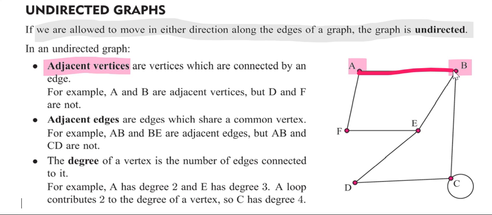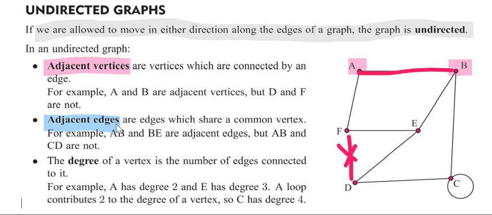But D and F are not adjacent vertices because we can see that there is no connection, no line, or rather no edge in between them. Next comes adjacent edges. When I talk about adjacent edges, they are the edges that share common vertices.